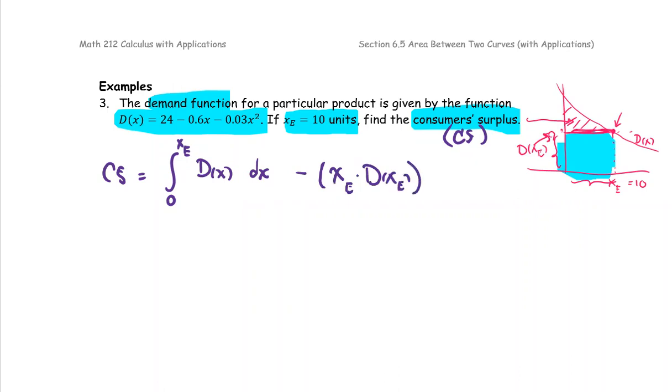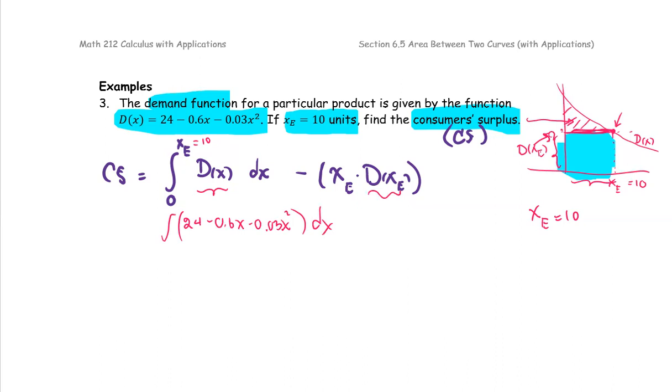From here, we know that xe equals 10, so the upper limit is going to be 10. We know D(x) is 24 minus 0.6x minus 0.03x squared. And how about D at xe?